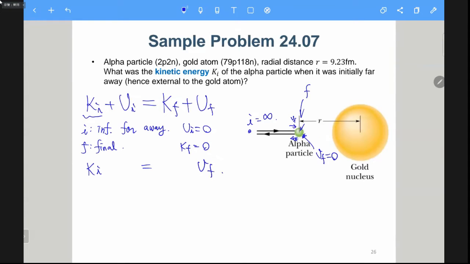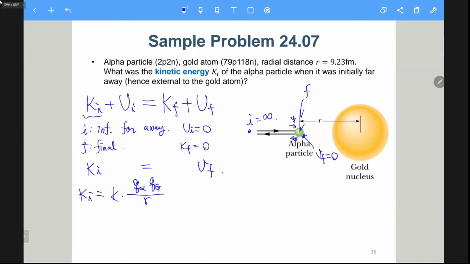So Ki is like Uf. Uf is nothing but k times Q alpha Q gold over r.